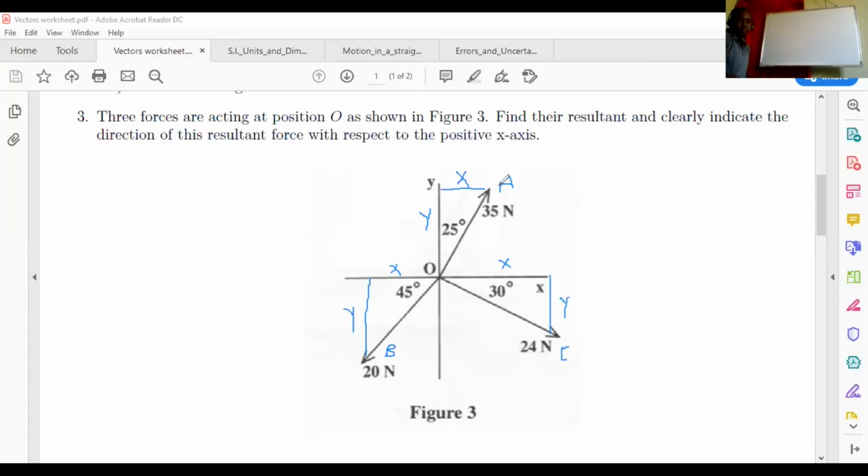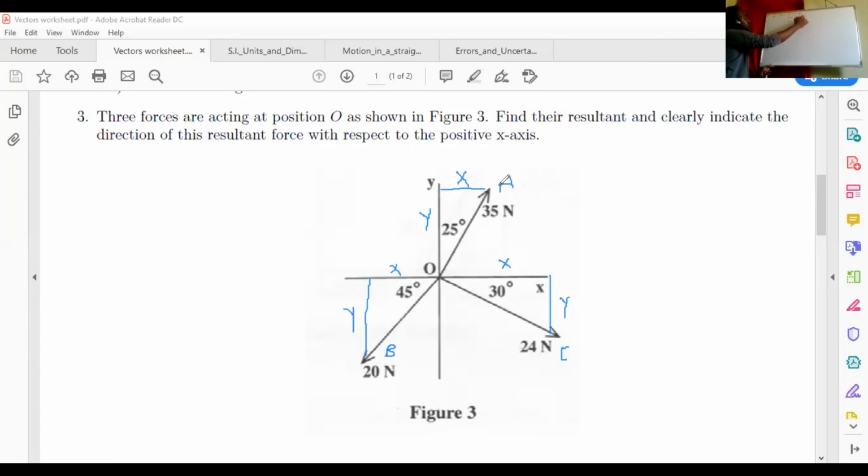All right, so let's go. So for A, the X component would be, that's opposite, so that's sine. So that's F sine theta. So that is 35 sine 25. And that one you got? 14.79.